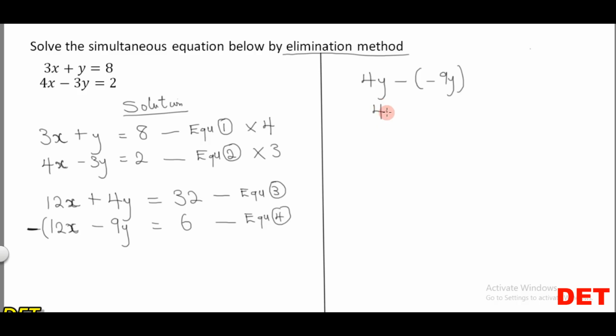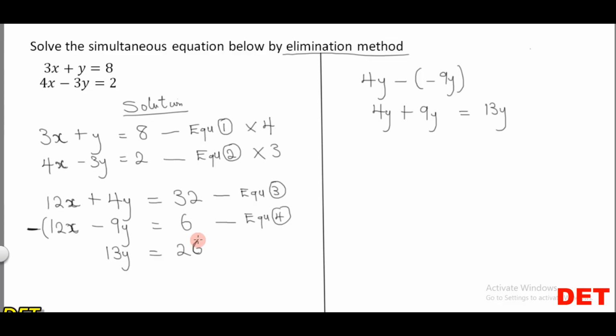So this will be 4y plus 9y, and 4y plus 9y will give us 13y, equal to 32 minus 6. 32 minus 6 will give us 26.